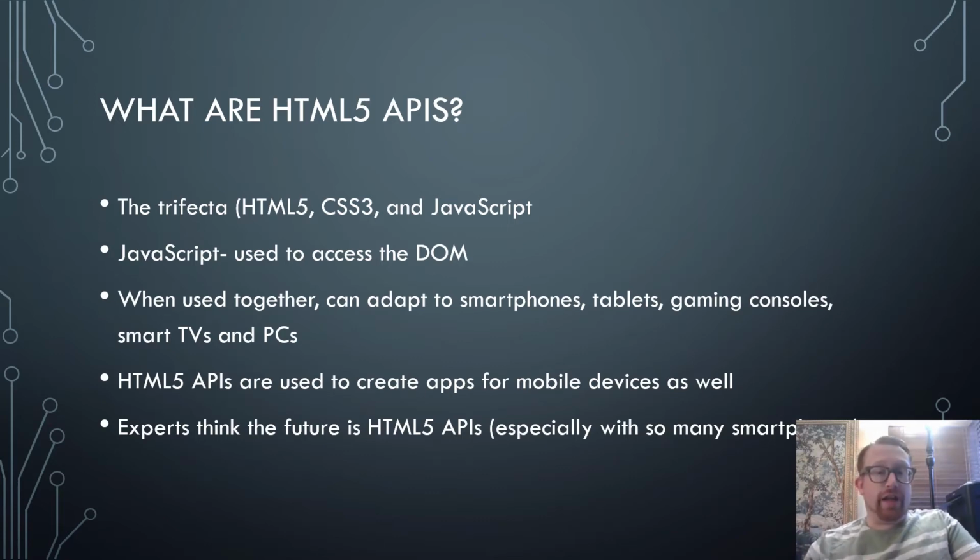They are used to create apps for mobile devices as well, so keep that in mind. Experts think that the future is going to be in APIs, especially with the amount of smartphones that are available and going to increase over the next few years.